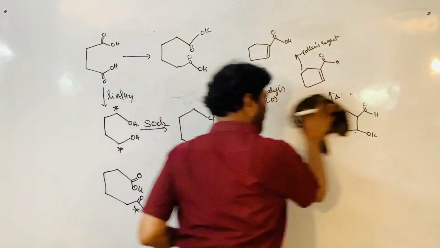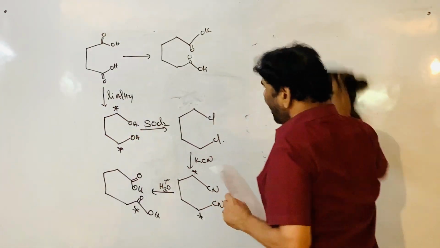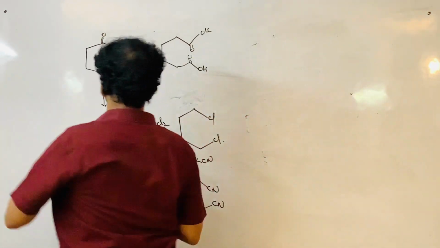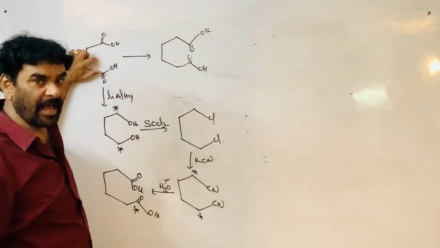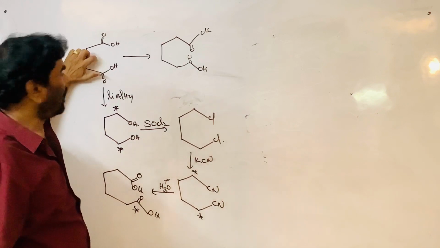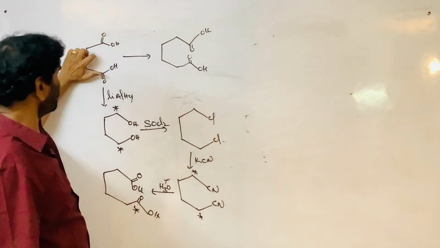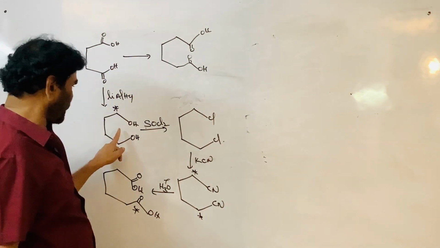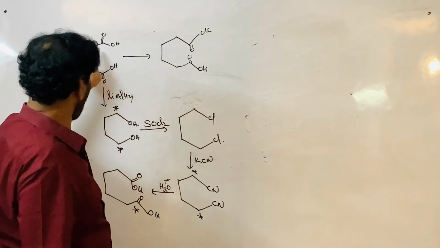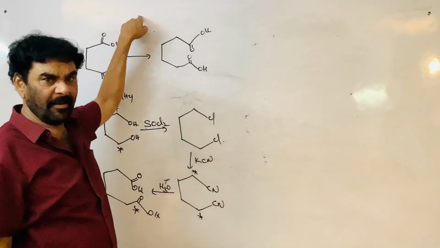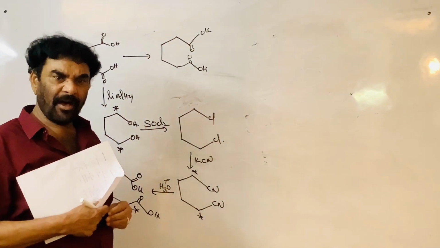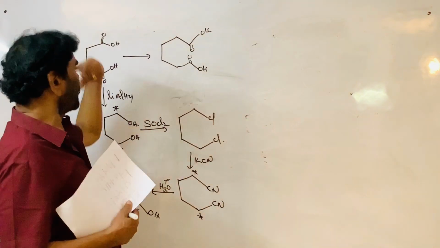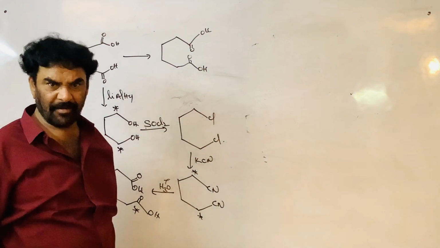So, very simple conversion. Or else you can do one thing, that is the Arndt-Eistert reaction, you know. Treat with SOCl2, the acid is converted to the acid chloride. The acid chloride is treated with diazomethane, followed by heating with moist silver oxide.